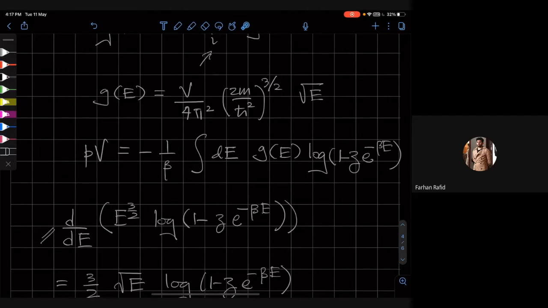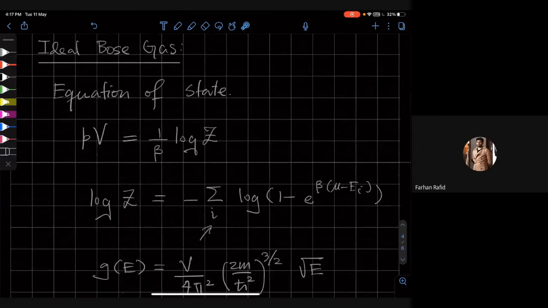And PV was equal to that because remember that if Z is the grand canonical partition function, the nice thing about the grand partition function is that when you take its log, it's going to be proportional to PV, right? That's something we did, the grand potential. Yes, sir. Okay.